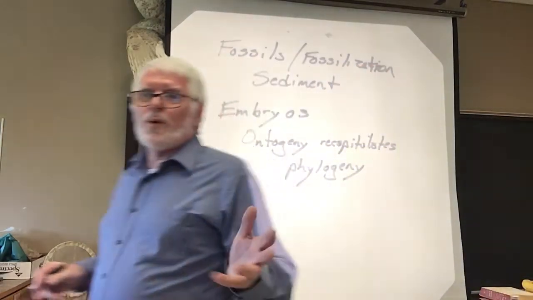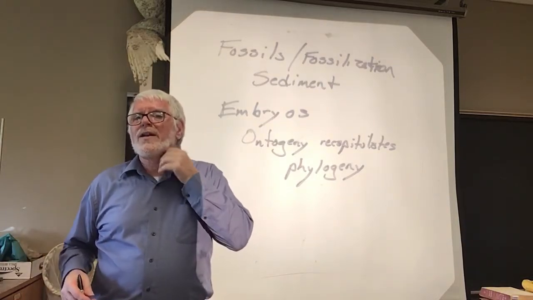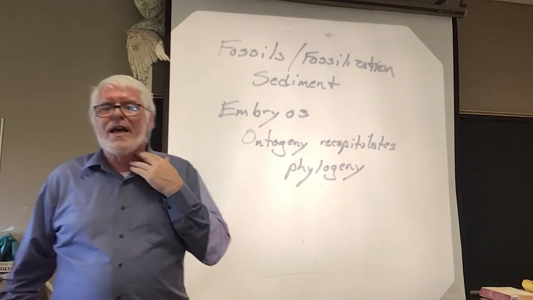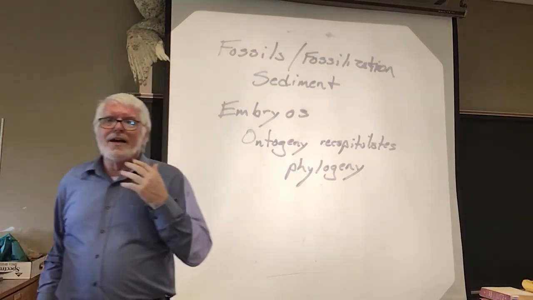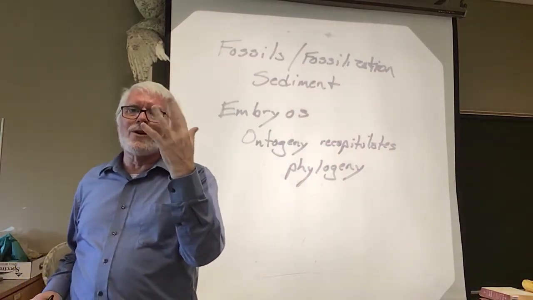There was a point when you were an embryo and you had gill slits here. You had loops of arteries, like the loops that would be in gills. You had a tail. You had basically a paddle. Your fingers were all webbed.